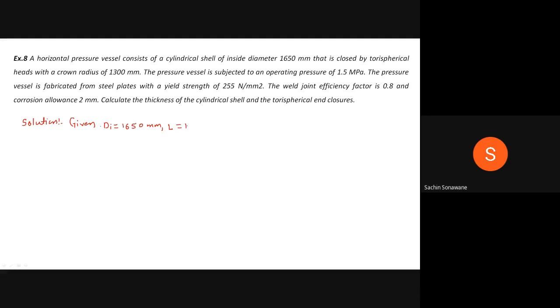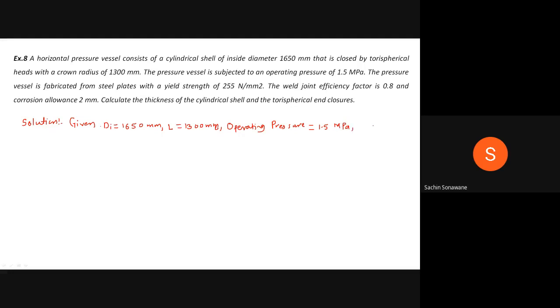L is equal to 1300 mm. Then the operating pressure is given. Sorry, PI is the design pressure, and the operating pressure is 1.5 megapascal.